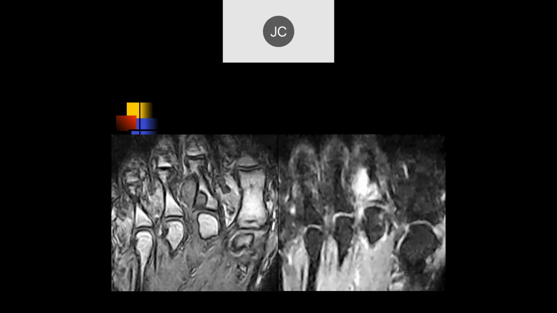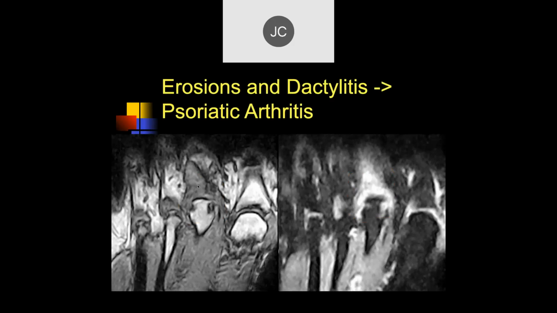And what would you add to the differential if you get peripheral erosive changes? It could be erosive osteoarthritis, but that tends to involve the joints. This is really outside the joints, and the other big one is psoriatic arthritis. Psoriatic. Okay.